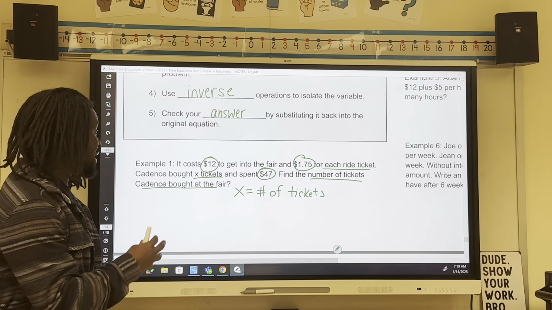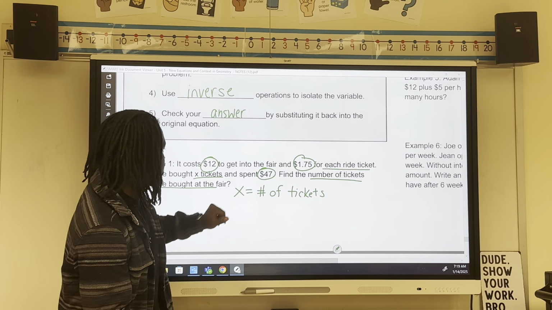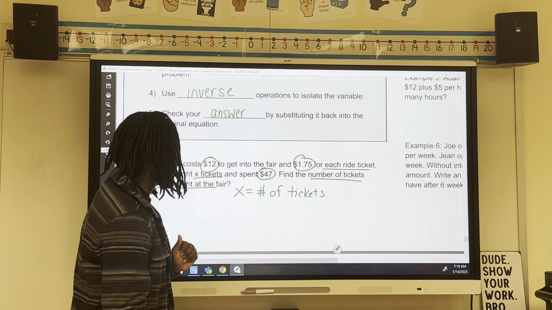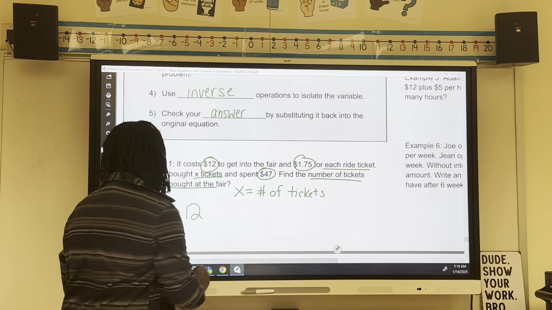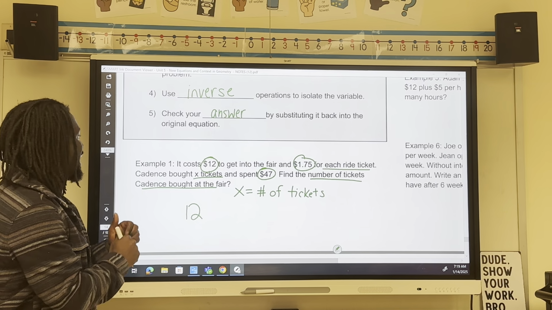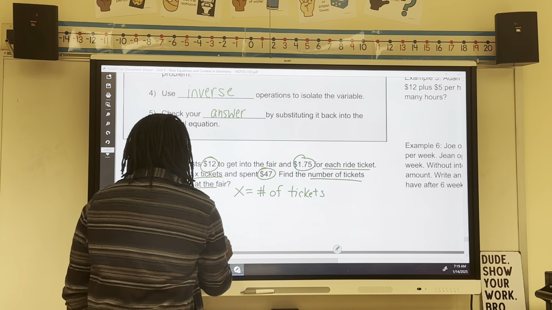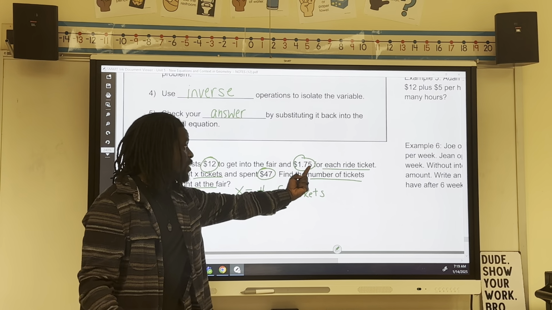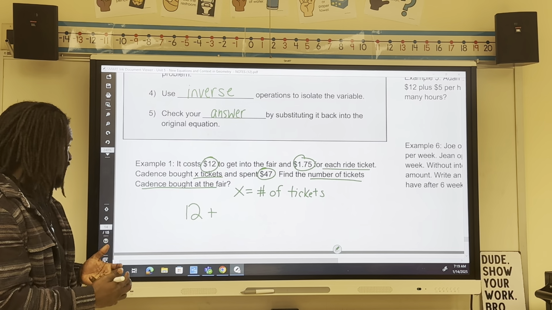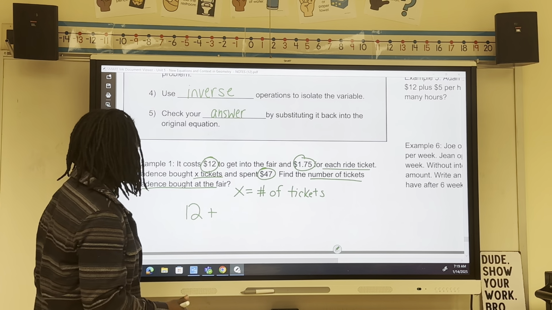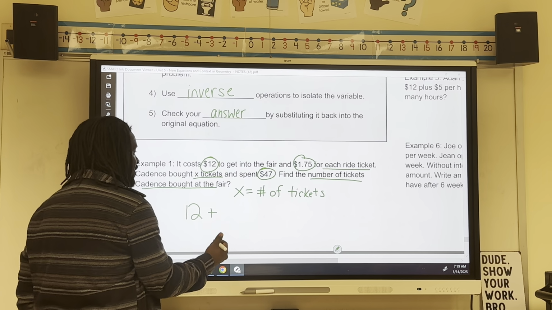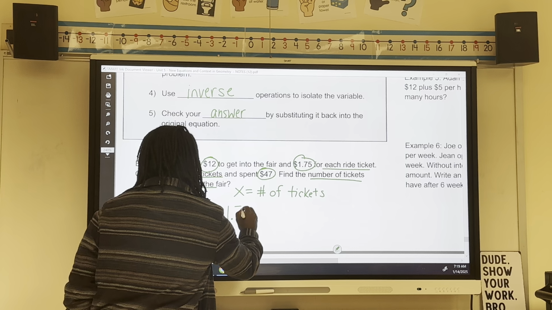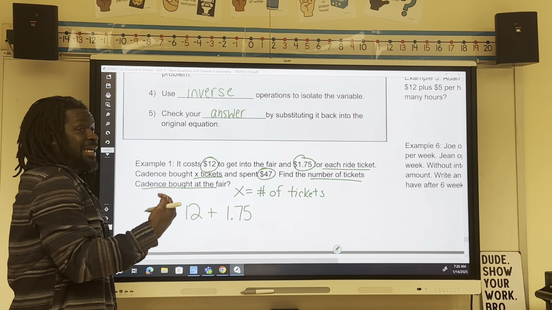Now, I'm going to write my equation based on what the problem says. It costs $12 to get into the fair, so she has to pay $12 just to get in. Then I'm adding to this the cost for each ticket, which is $1.75.